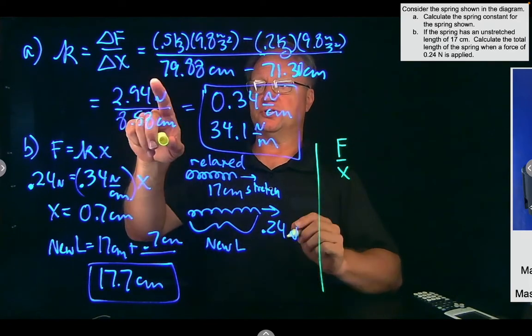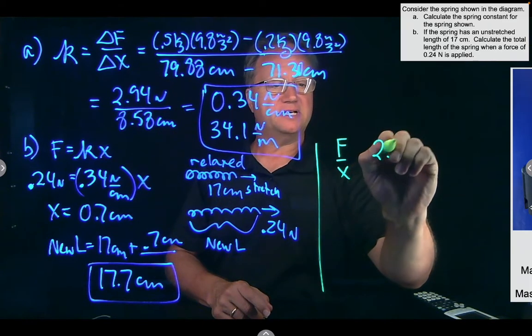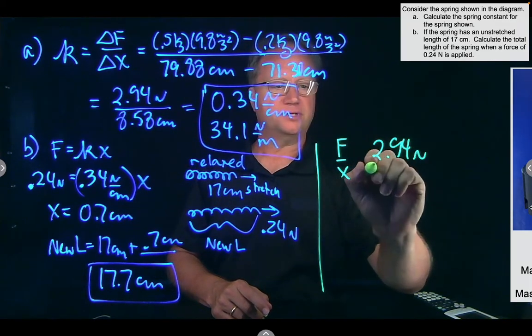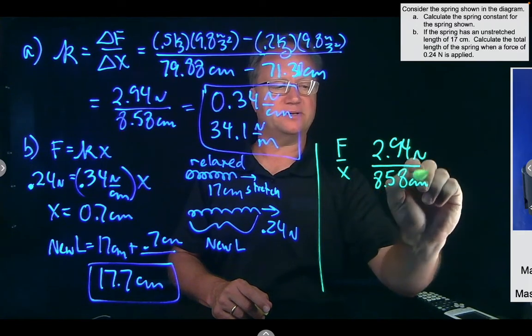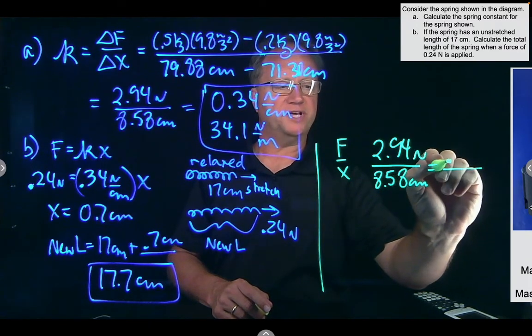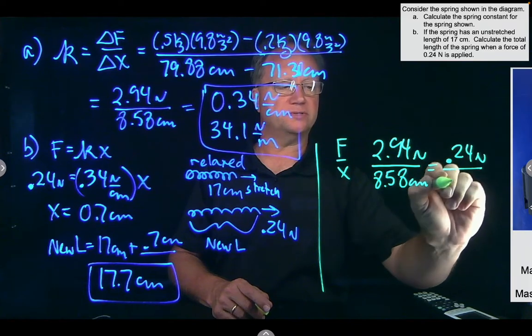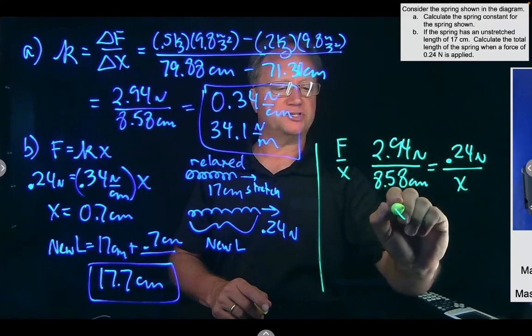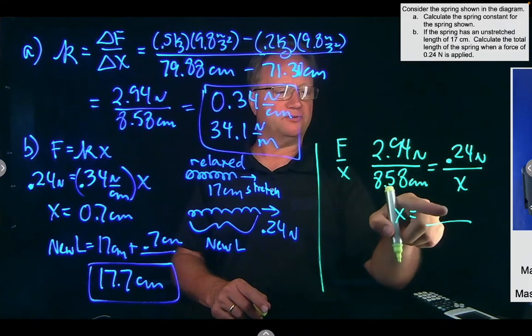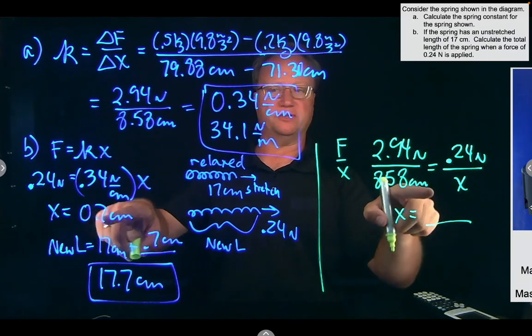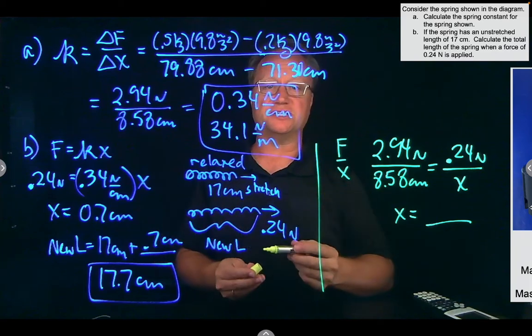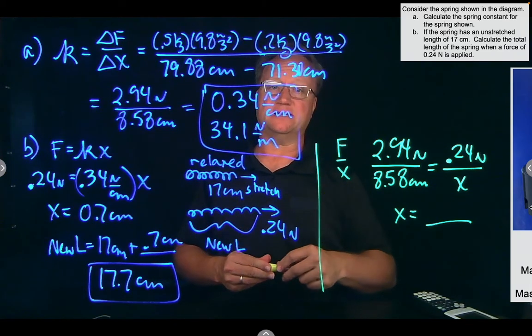In other words, 2.94 newtons stretches it 8.58 centimeters. We've got 0.24 newtons. How much will it stretch it? And then solve down. This x value will be the same as the x value we calculated over there. So it's just two different logics to follow to get to the same thing.